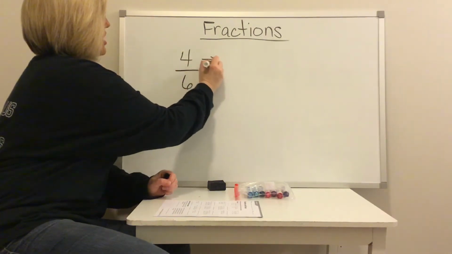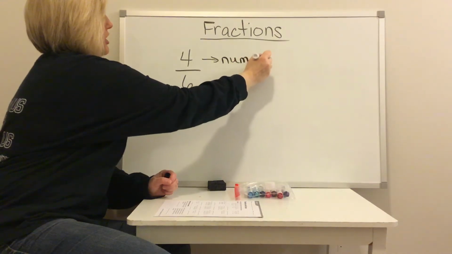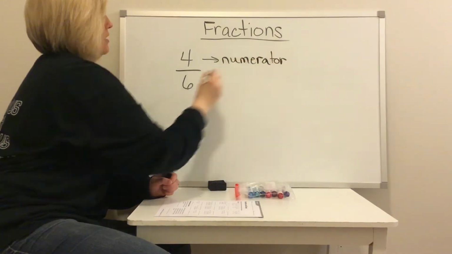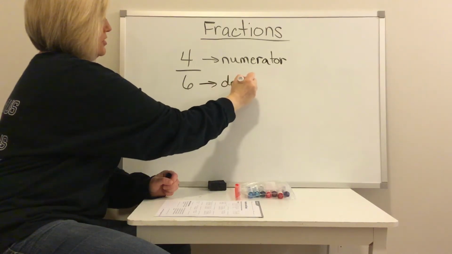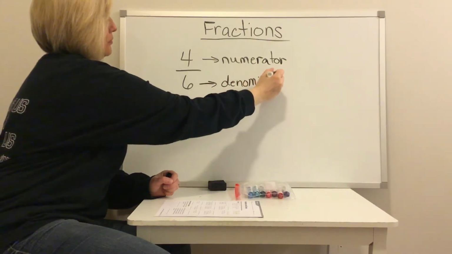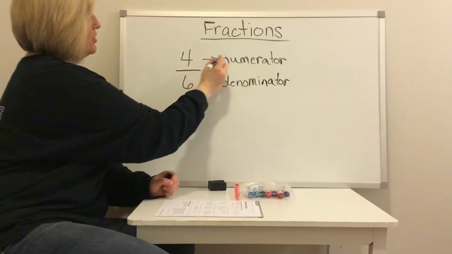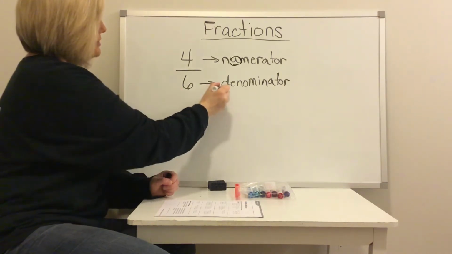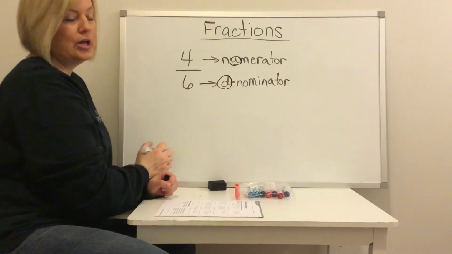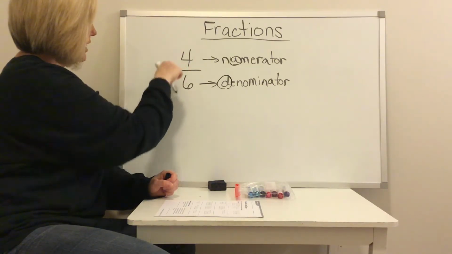The number at the top is called the numerator, and the number at the bottom is called the denominator. You can remember that because the U in numerator makes you think of up, and the D in denominator makes you think of down. The numerator is up top, the denominator is down below.